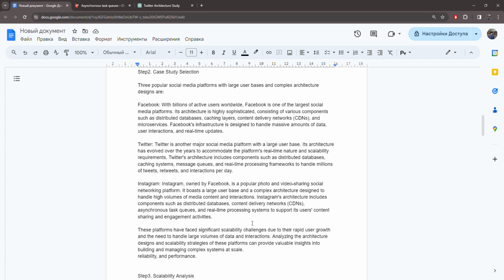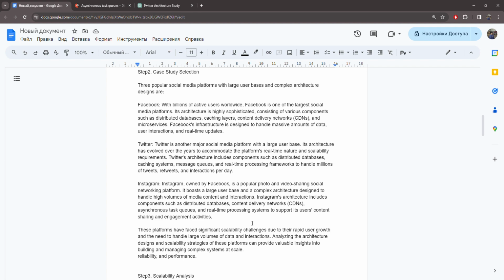Case study selection. There are three popular social media platforms with large user bases and complex architecture. First one is Facebook. With billions of active users worldwide, Facebook is one of the largest social media platforms. Twitter is another major social media platform with a large user base.